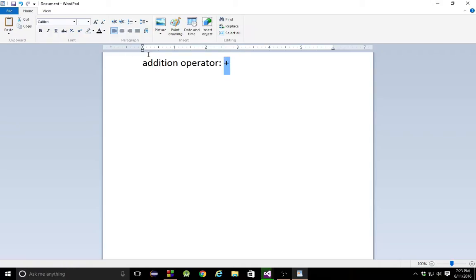So let's bold that because I don't want to make it look like it's a colon plus. And then the subtraction operator is a minus sign.